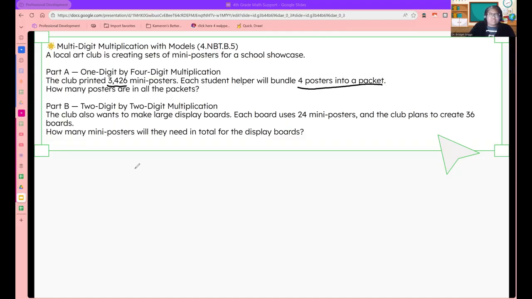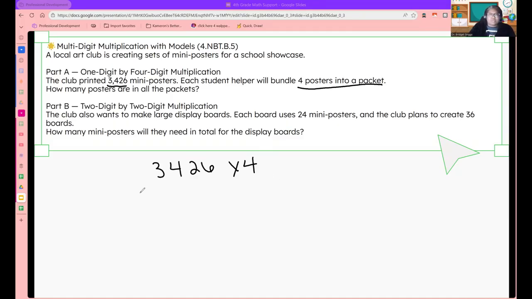So that means we need to do 3,426 times 4. So if we do it by place value, because that was another strategy we could do, we could break this up into expanded form and then multiply 4 by each of those values and then add it all up.